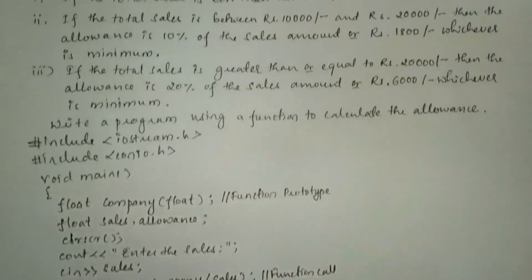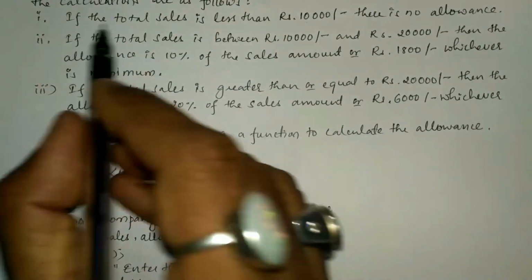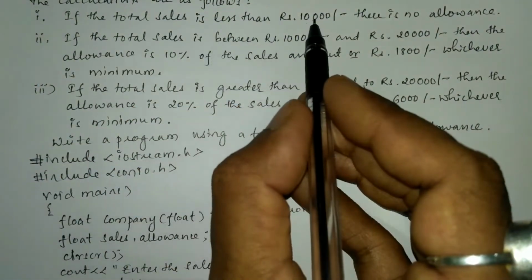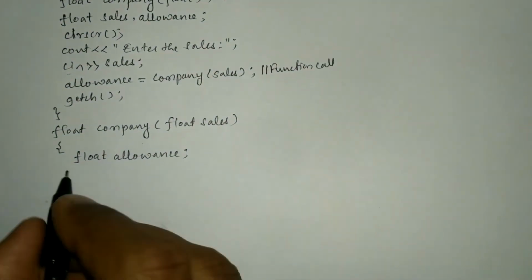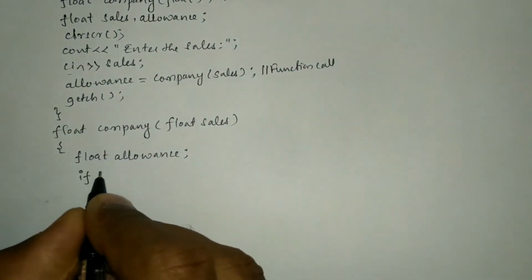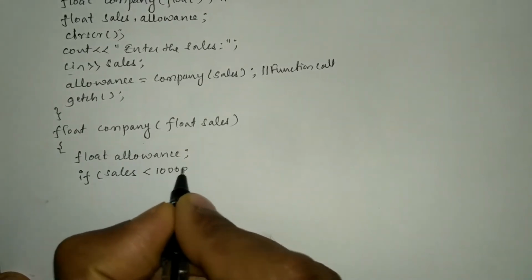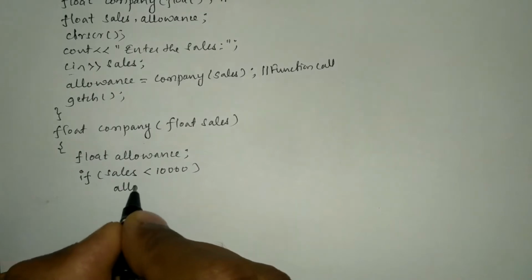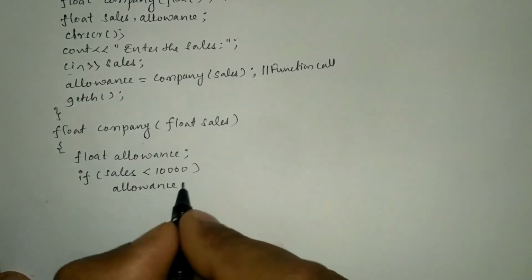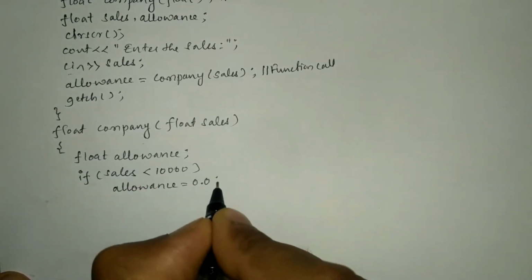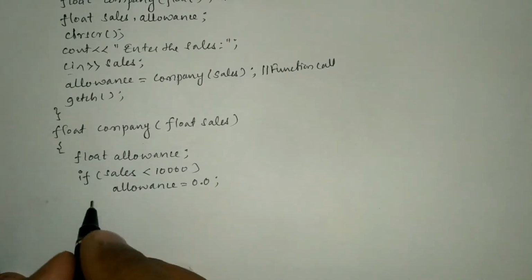Now we are going to check out the conditions which are given in the question. Here you can see the first condition was if the total sales is less than 10,000, then there is no allowance. We are going to implement the same using if statement. If sales is less than 10,000, then we'll write this variable allowance is equal to 0.0 because it is float type of data.